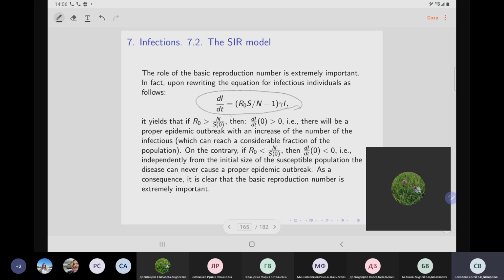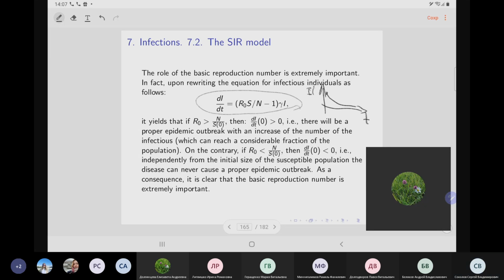And on the contrary, if R0 is small, then there will be no outbreak, and our I will just decrease with no outbreak.